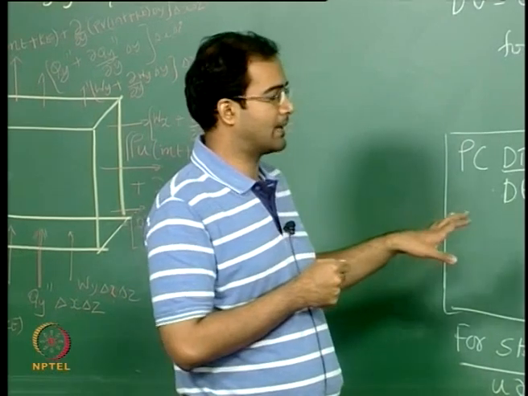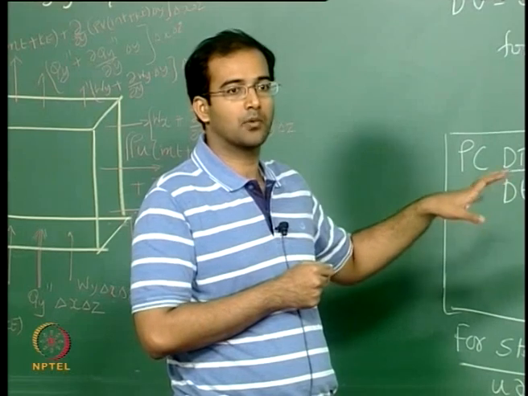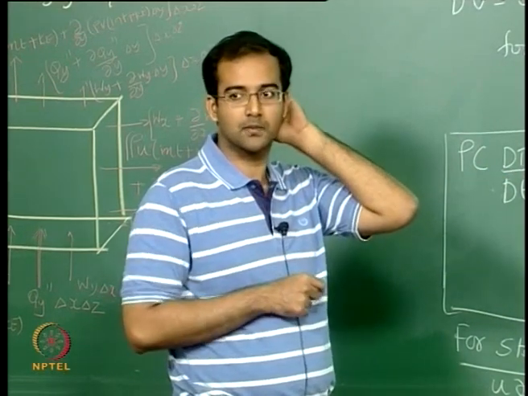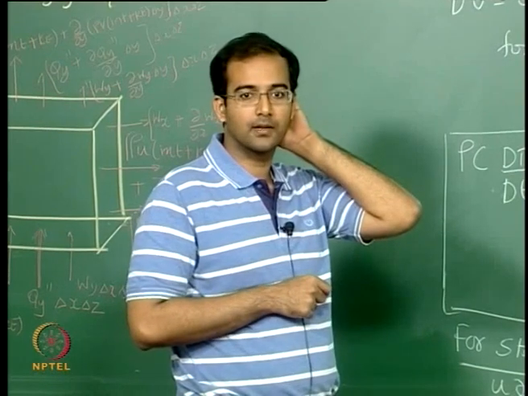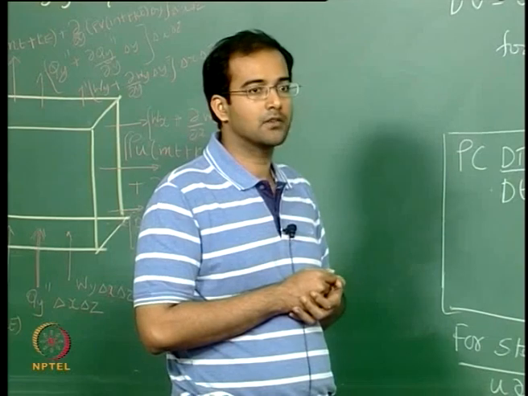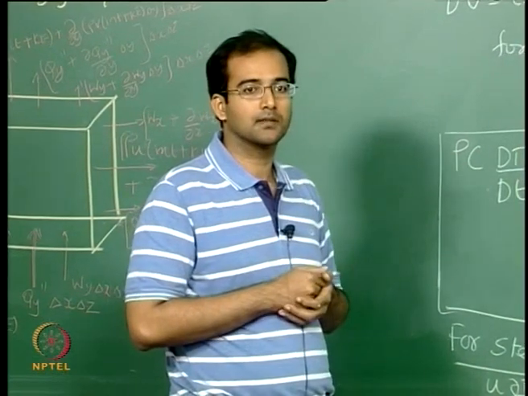Otherwise, when everything is dimensional, we cannot find out exactly when this is important and when this is not. When you non-dimensionalize, you find in terms of non-dimensional numbers. There is a particular number associated with it that is called the Eckert number. If the ratio of Eckert number to the Reynolds number is very high, the viscous dissipation terms become important.